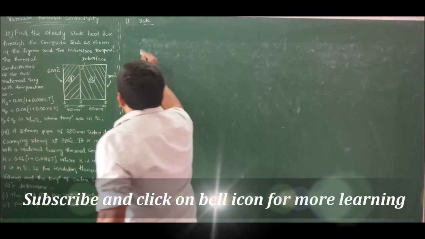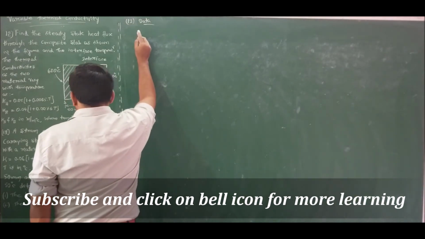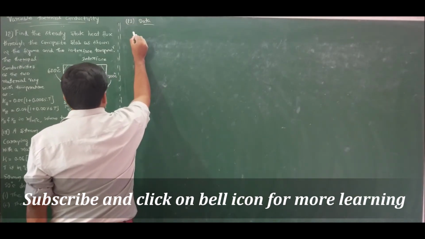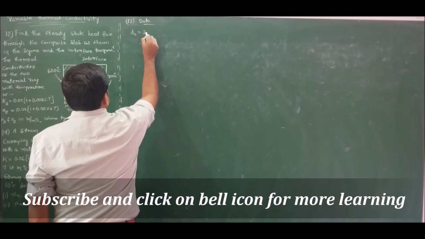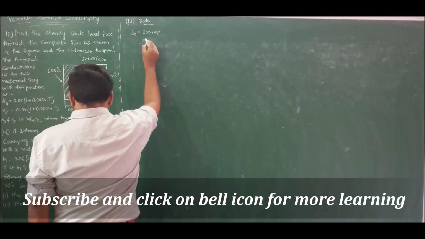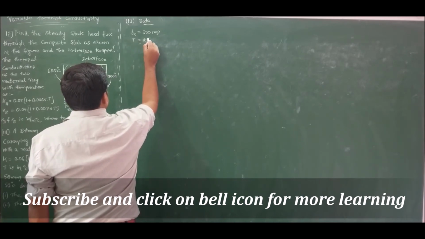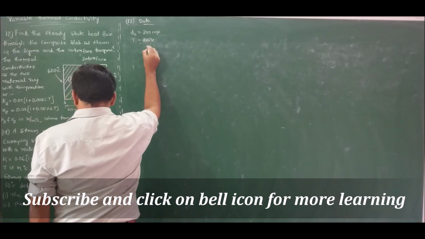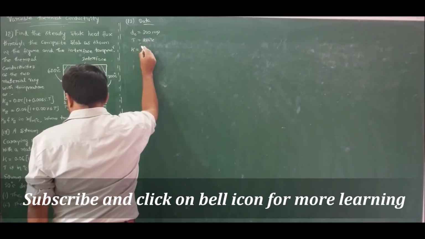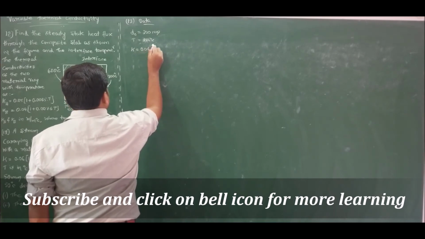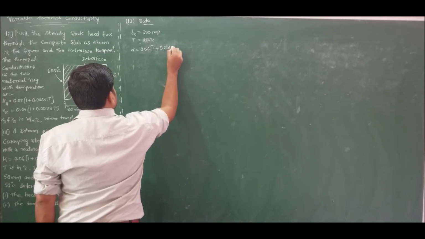If I list out the data given for problem number 13, we have a steam pipe of 200 mm outer diameter. So he has given the outer diameter as 200 mm. It is carrying steam at 280 degrees Celsius, insulated by a material having thermal conductivity 0.06 times (1 + beta T), where beta is 0.0018.